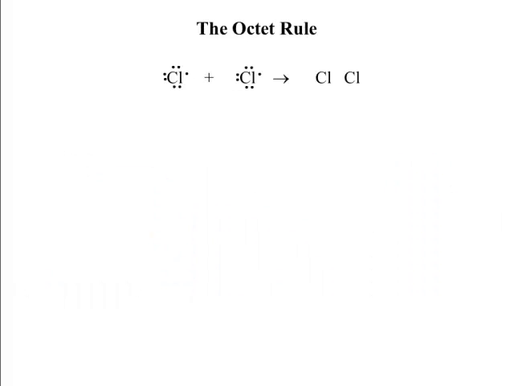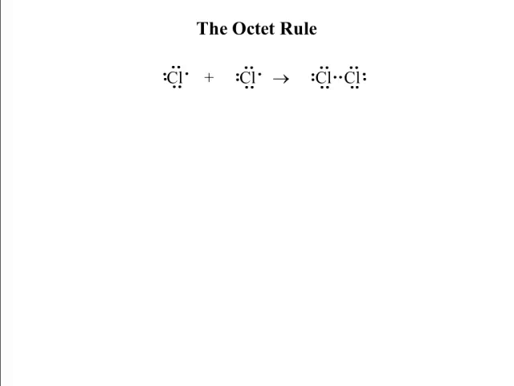Now, when dealing with covalent compounds, a nonmetal combined with a nonmetal, we have to worry about something called the octet rule. In this sharing of electrons, we're going to share electrons in such a way that we end up with 8 electrons. If I look at chlorine, chlorine has 7 valence electrons. So I've got 2 chlorines. As they come together, they're going to share their unpaired electrons between the 2 chlorines.